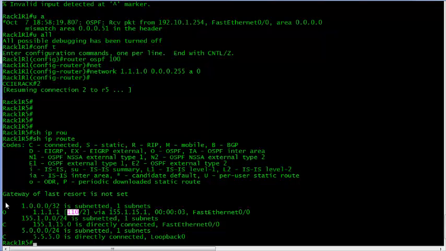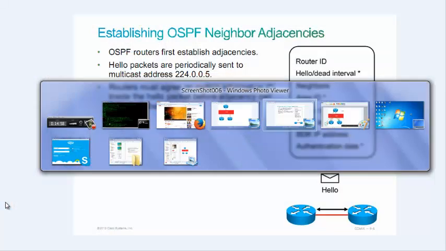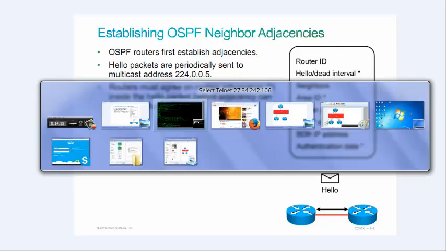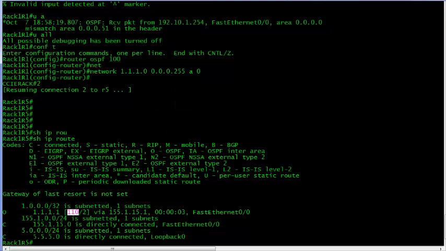Okay. So next we were talking about the router ID. When you say router ID, what is a router ID? It is a name by which a router is known inside that particular OSPF area.